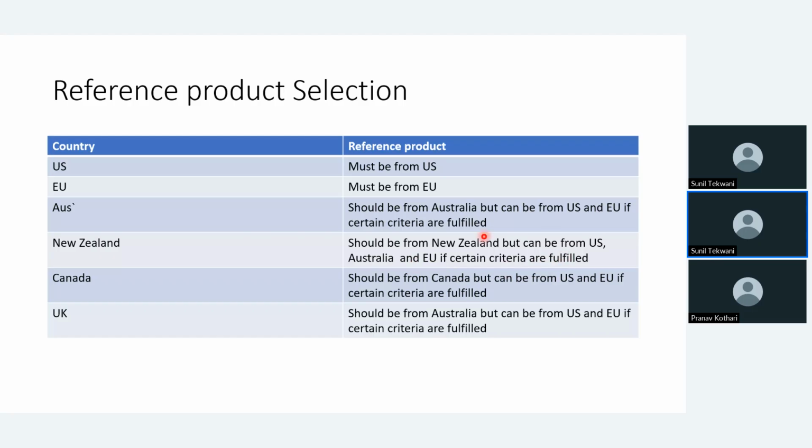The main criteria is that the innovator company in both countries should be the same. Suppose in Australia you are using a US reference product or US BE. The innovator in the US, suppose Pfizer, should be the innovator in Australia as well, Pfizer. Lipitor from Pfizer in the US is acceptable as a replacement of Lipitor from Pfizer in Australia.